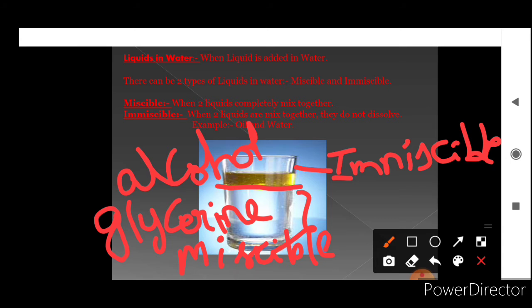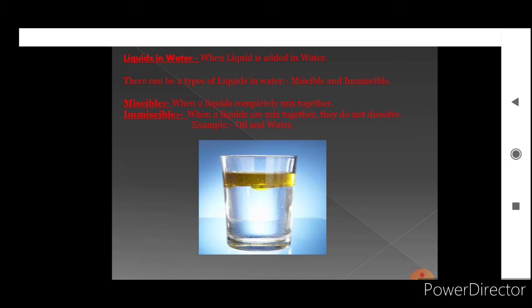Why can't these molecules take up the space in the water? Find out the reason, and when you do it practically, you will enjoy this immiscible and miscible formation. Miscible means when two liquids completely mix up with each other.